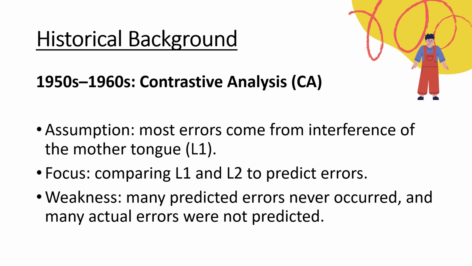For Indonesian learners of English, this meant many errors were explained as interference from Bahasa Indonesia, or L1 here. So the focus here is comparing L1 and L2 to predict the errors or to predict difficulties.